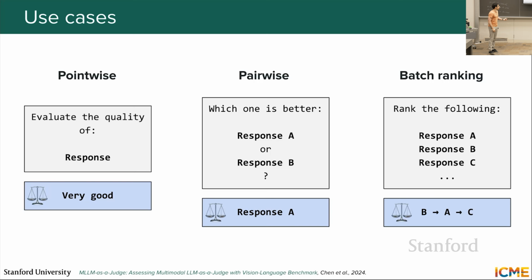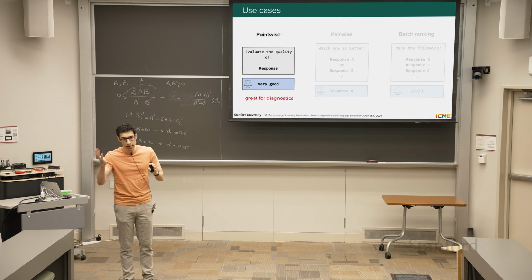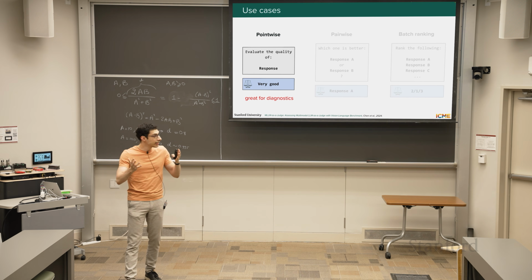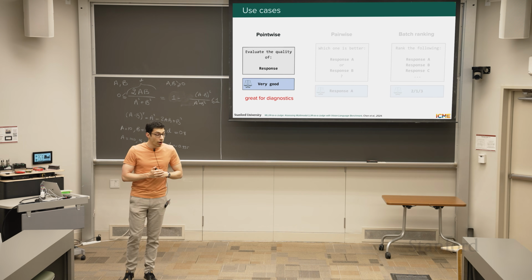So going one by one, in practice, pointwise is great when you want to do one-sided evaluation of your images, just to have a rough idea, but also to debug what goes well versus doesn't go well. Because as you remember, you have this rationale side of the MLLM-as-a-Judge output that can guide you towards understanding loss modes of your model.